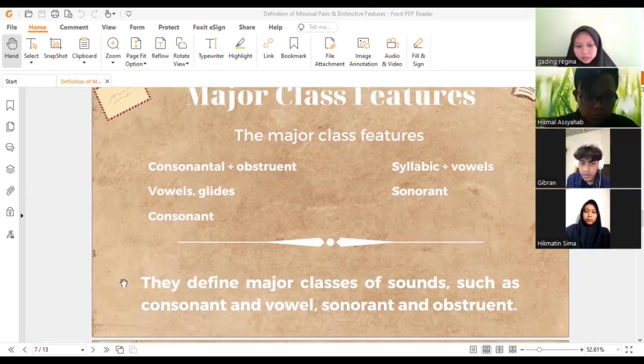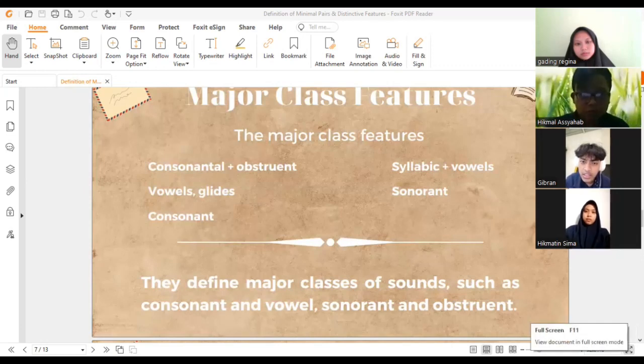I will explain about the features. First, there is consonantal and non-consonantal. Consonantal sounds have a narrowed constriction in the oral cavity, either total occlusion or narrowing sufficient to create friction. Fricatives, affricates, nasals and liquids are plus consonantal.